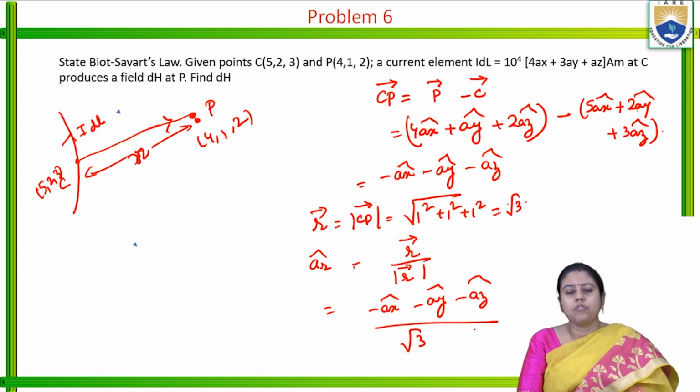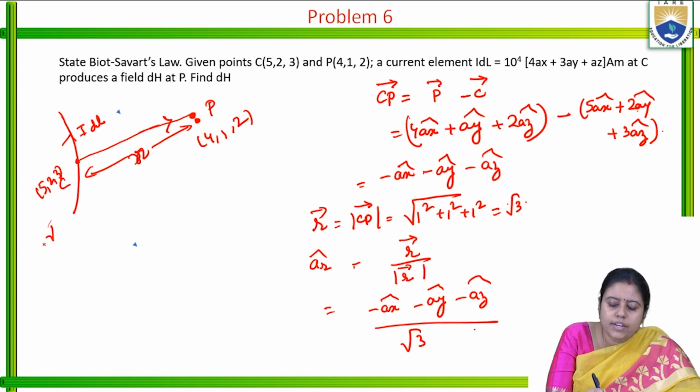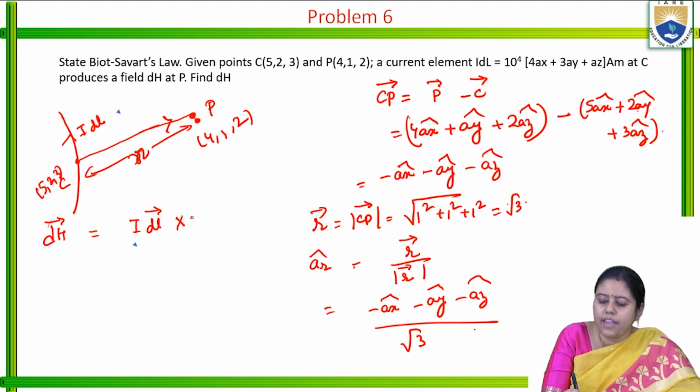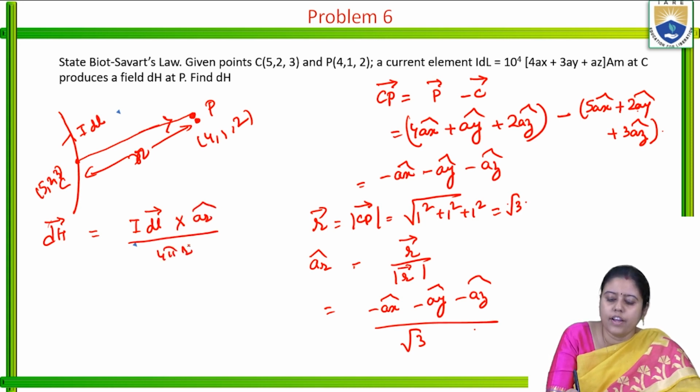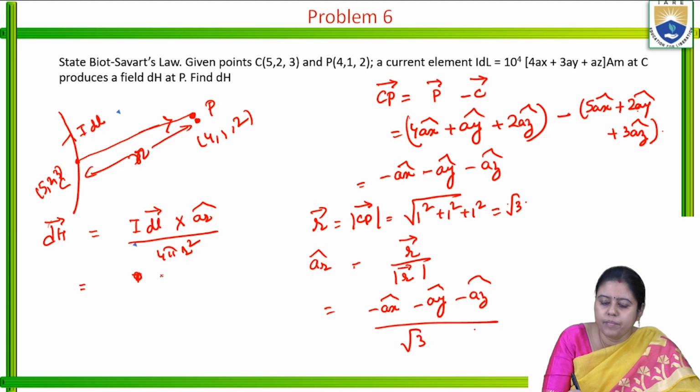Then we have to calculate the dH. What is the value of dH? dH is equal to I dl cross aR by 4 pi r squared. I dl is given in the problem as 10 to the power 4 times (4ax plus 3ay plus az).